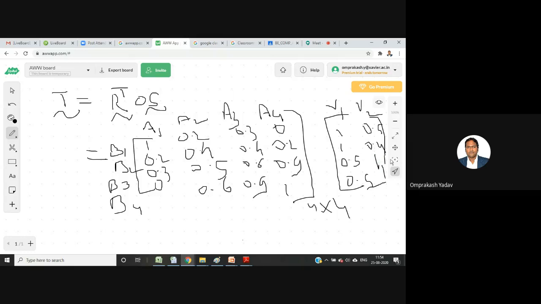This is 1, 1 and 1. Okay. So what you have to do, and these are what rows: A1, A2, A3, A4, right?